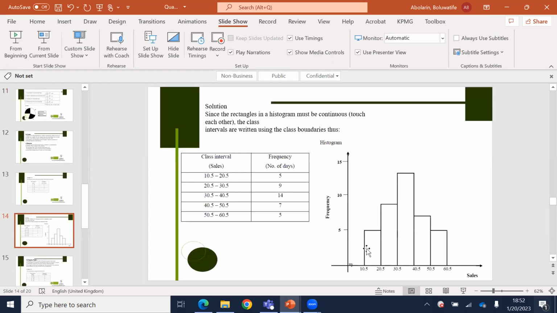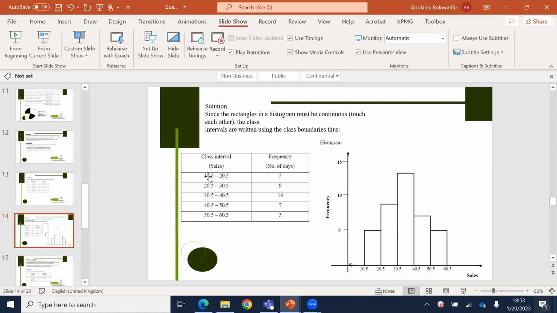So now for the first one. This class boundary, this sales axis, which is X, you are going to name it after the class boundary. You can see 10.5 to 60.5. I'm going to take it like this: 10.5, 20.5, 30.5, 40.5, 50.5, 60.5. Do you see how I did it?